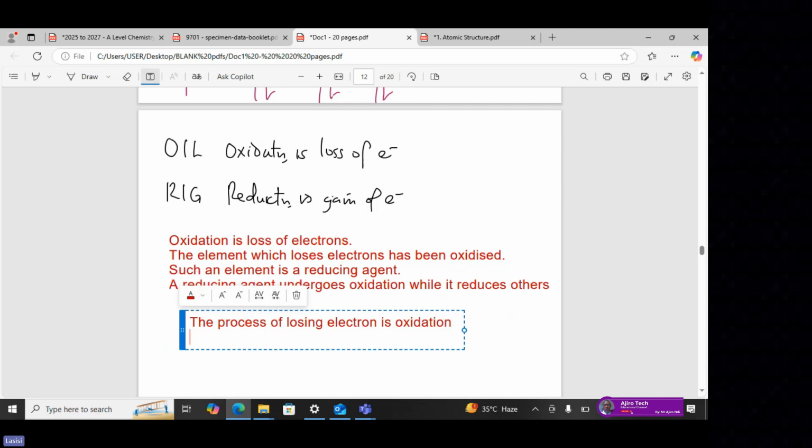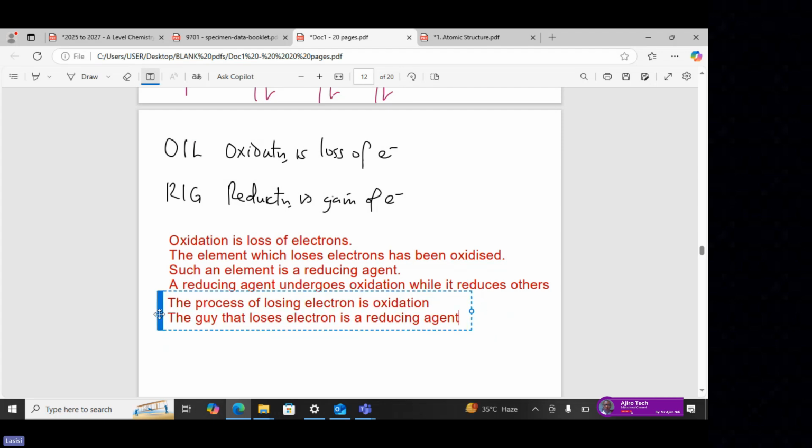Now, the guy that loses electron is a reducing agent.